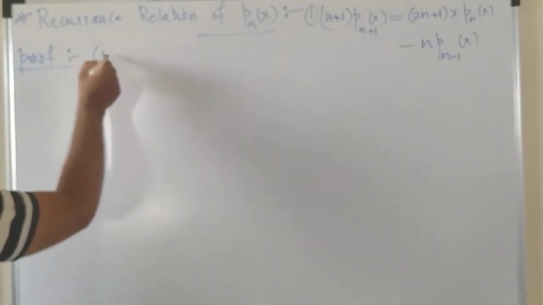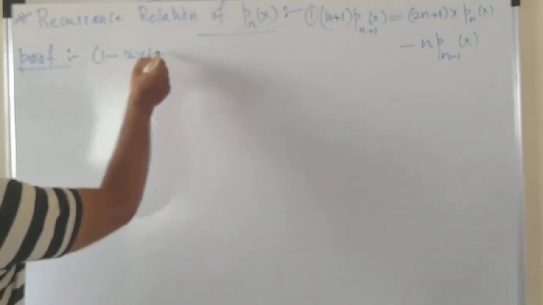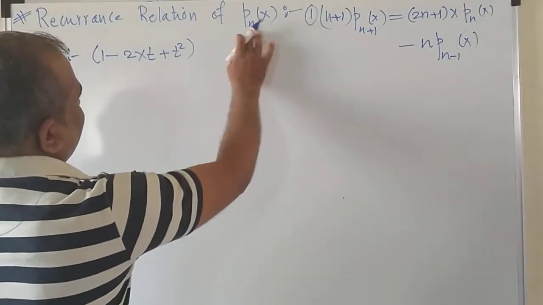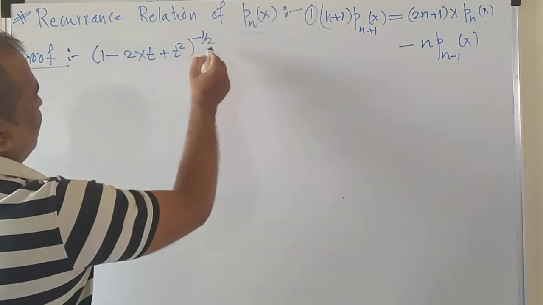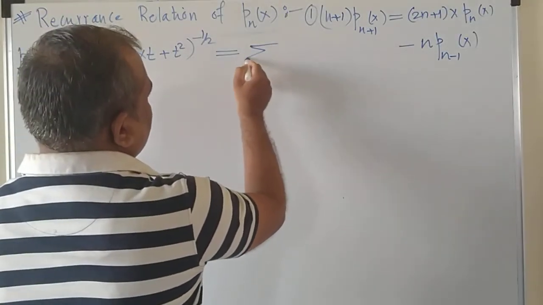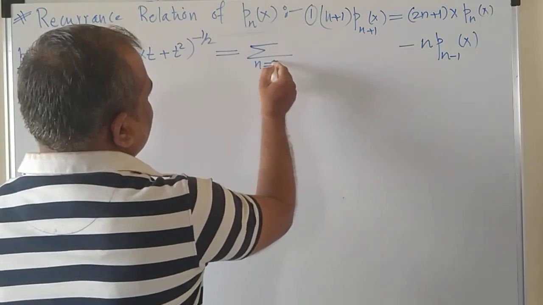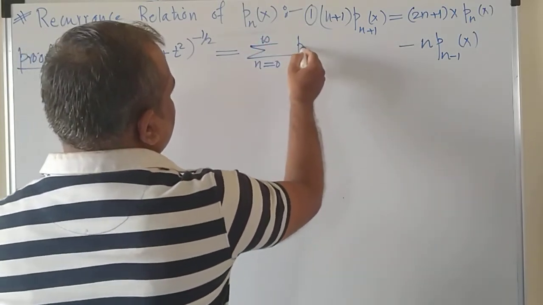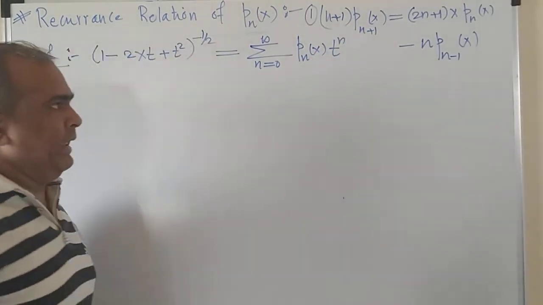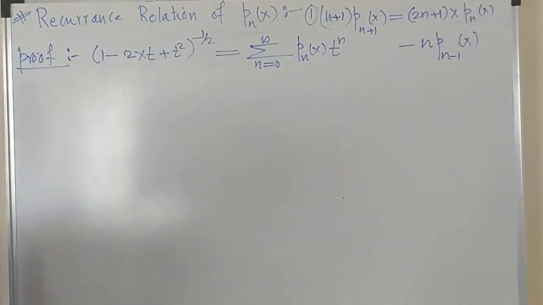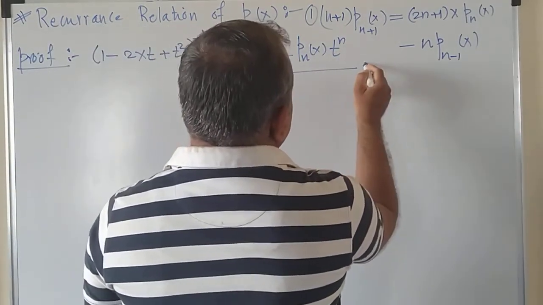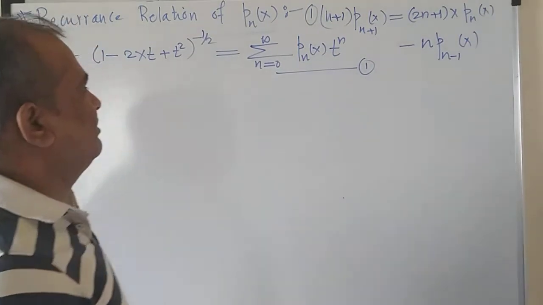Generating function is 1 minus 2xt plus t square raised to power minus half, and this is equals to summation n equals to 0 to infinity Pn of x t raised to n. Right? This is our generating function that we have studied. Let us say this is the equation number 1.